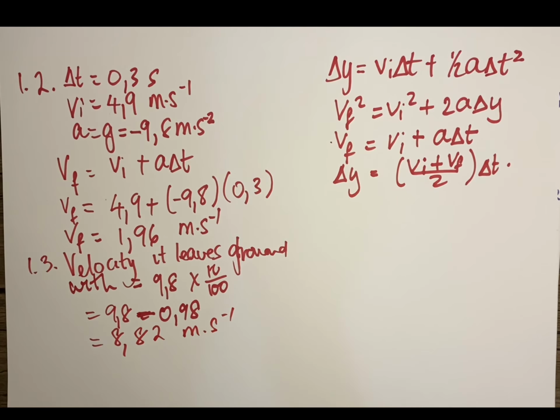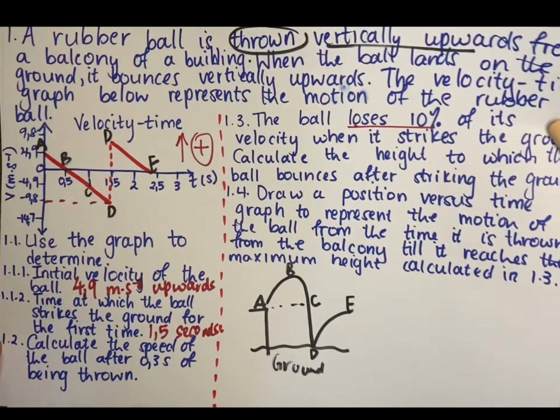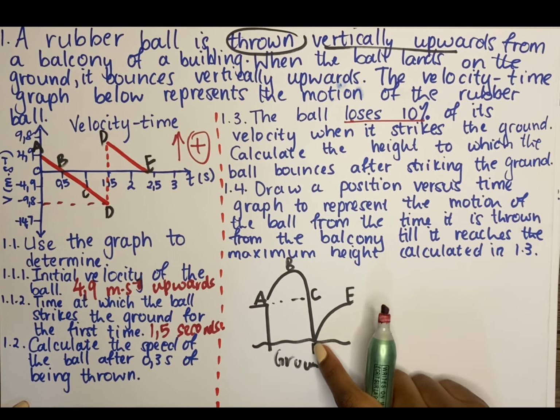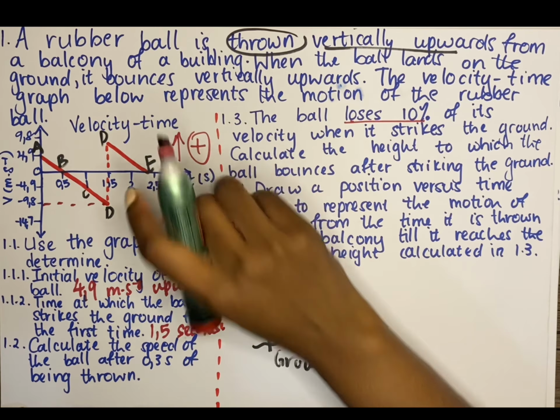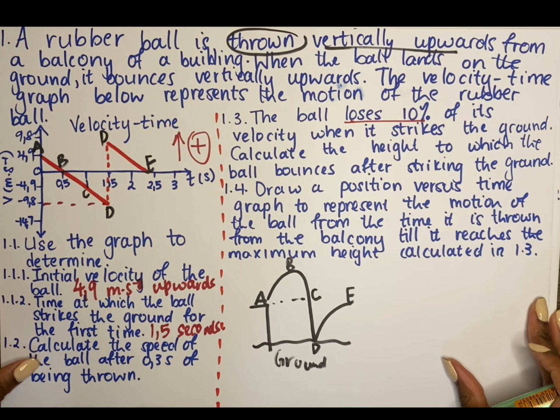Now the question says calculate the height to which the ball bounces. So after leaving the ground, to which height does the ball bounce? So remember we had this. Now we're just focusing on point D to E. Those are the points that we're focusing on, right?